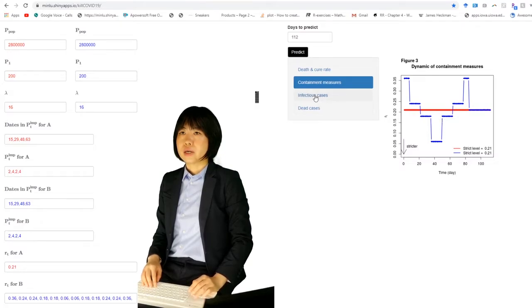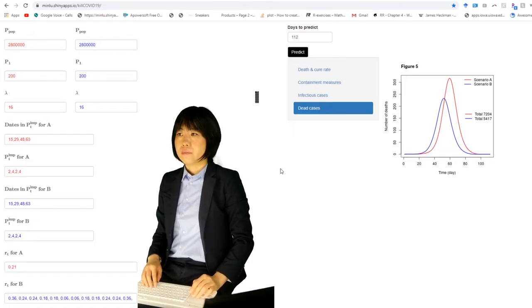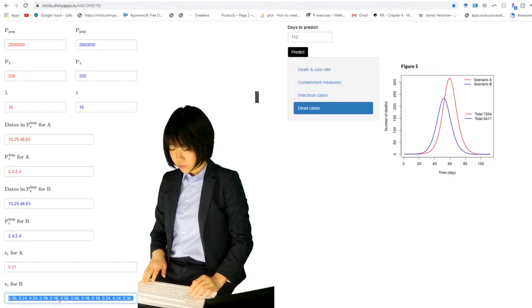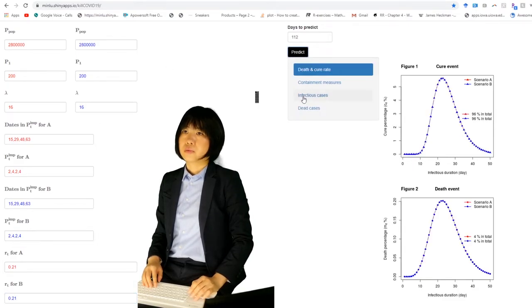Then you can say that in scenario B, adaptive policy achieves fewer infectious cases, fewer death cases. Now let's use the same containment measure. Everything's supposed to be the same.